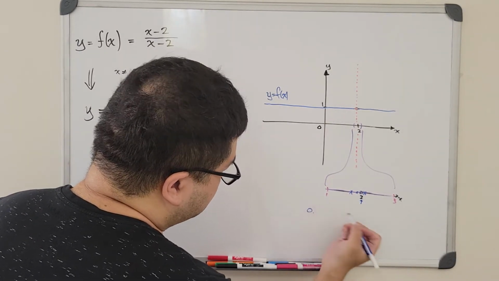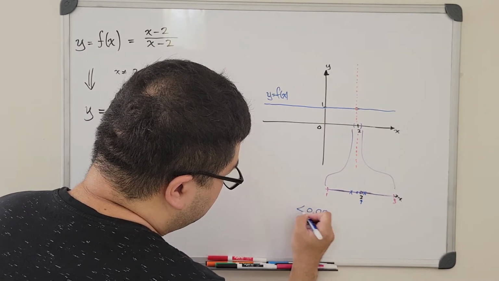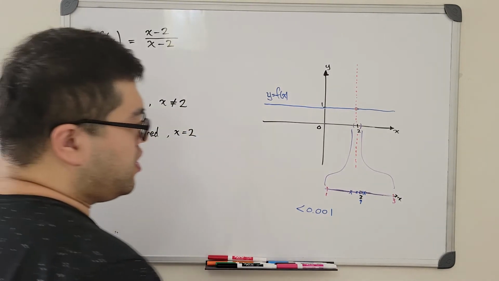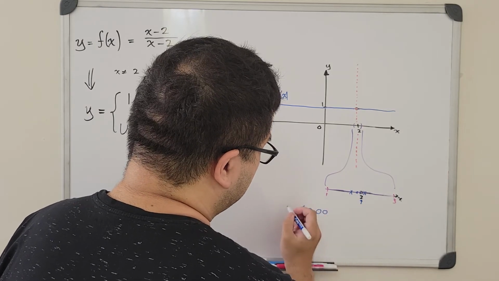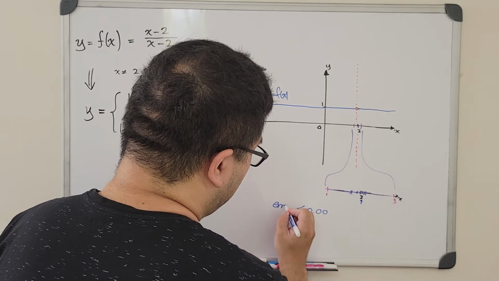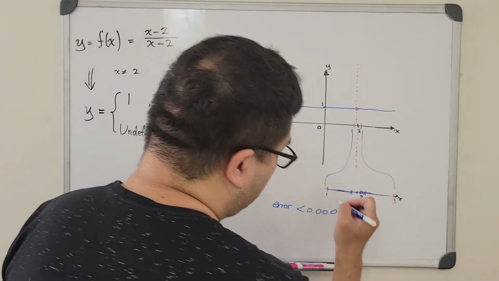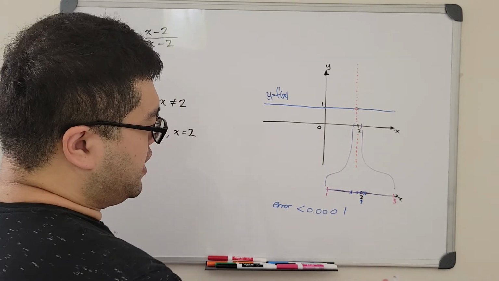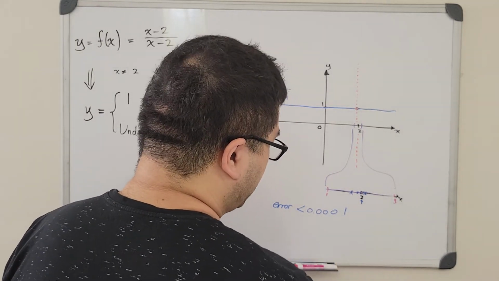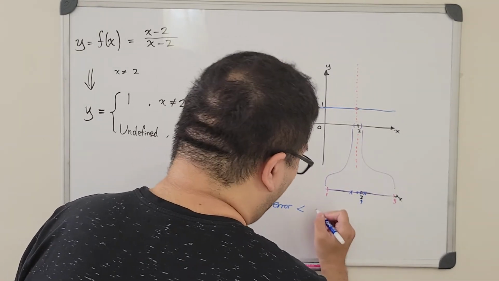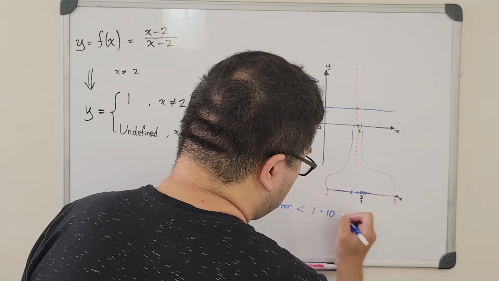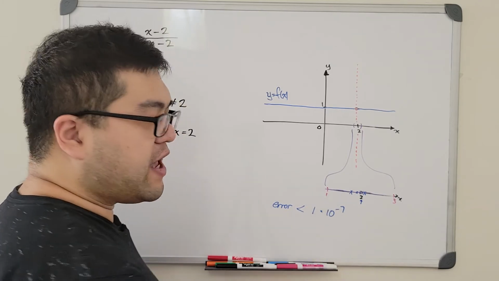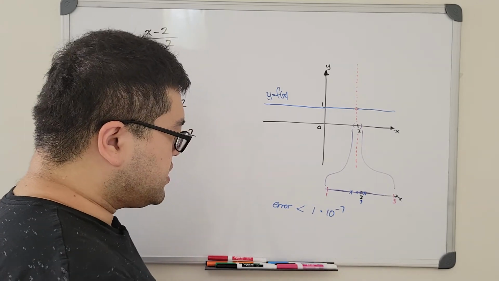We can get it as close, like smaller than, let's say, 0.001, or we can even get it even closer, 0.0001, and then so on and so forth. So we can get down to whatever we want, 10 to the -7 power, -10 power, anything we want.